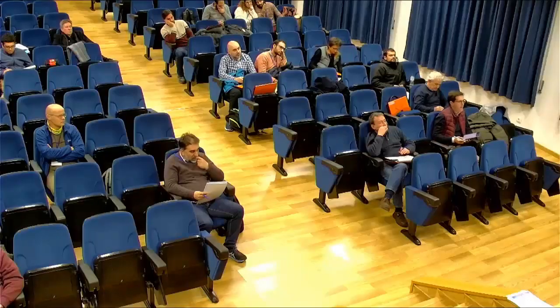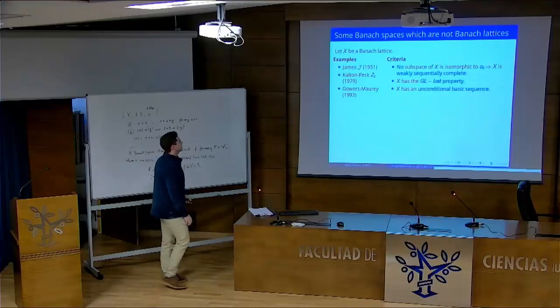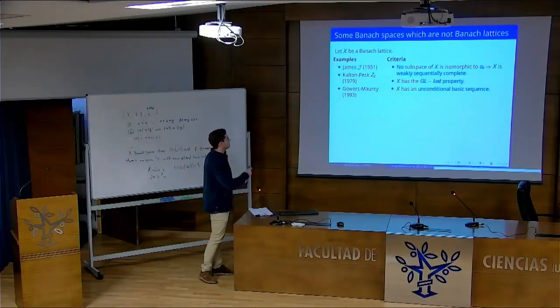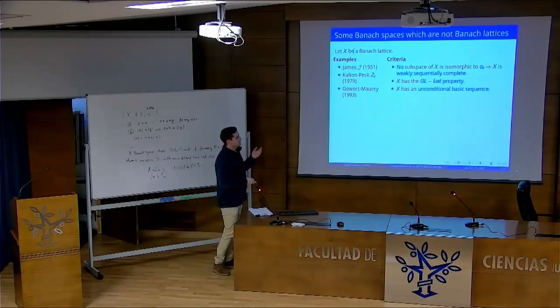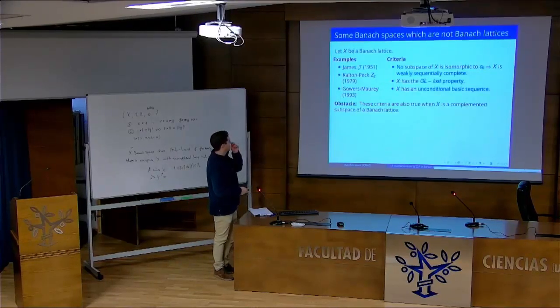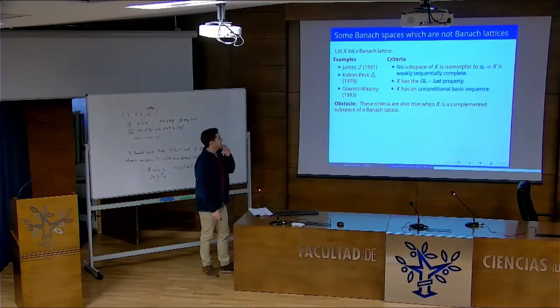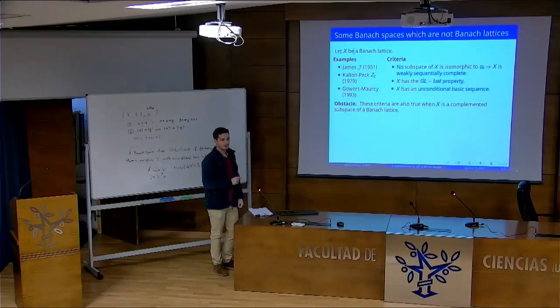Another example of a Banach space which is not isomorphic to a Banach lattice is the example constructed by Bourgain and Mory, of a Banach space which has no unconditional basic sequences, because every Banach lattice has an unconditional basic sequence. An obstacle of these criteria is that they are also true for complemented subspaces of Banach lattices.